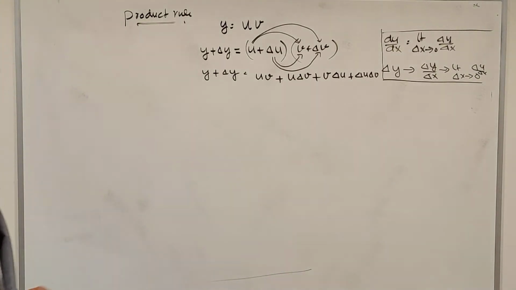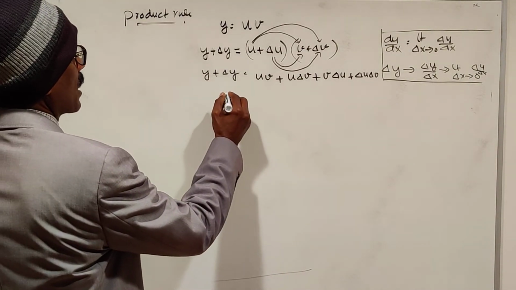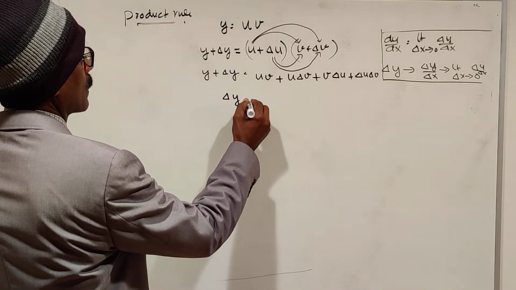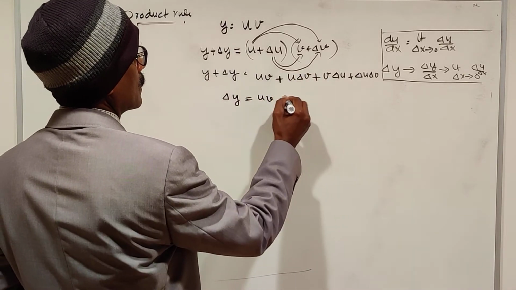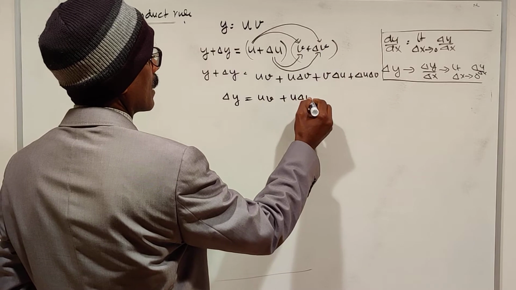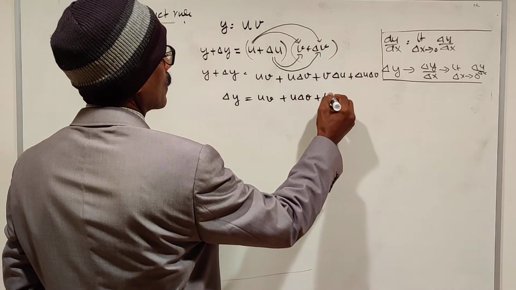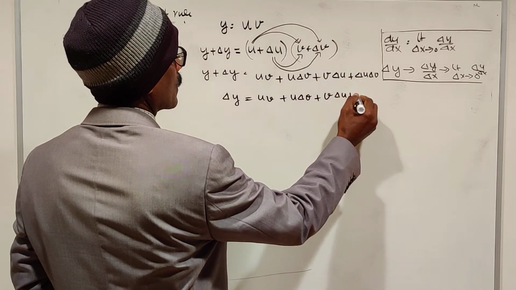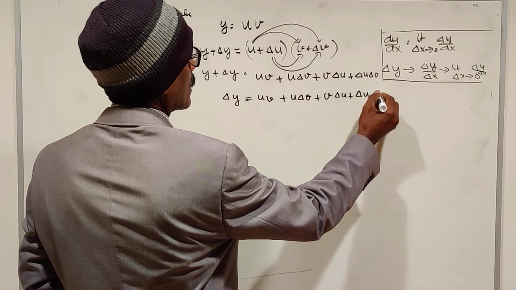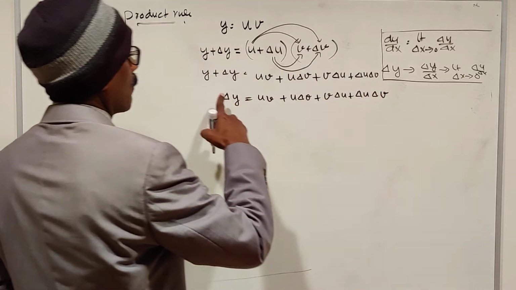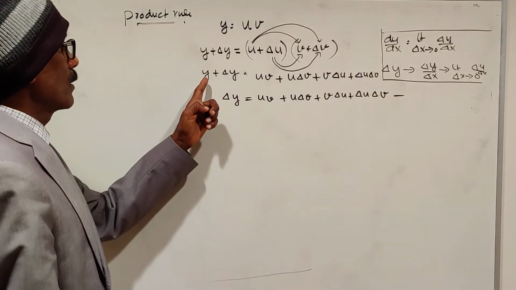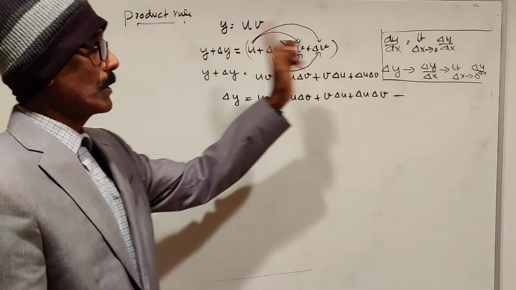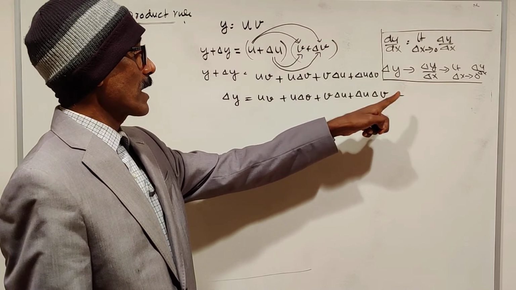Then delta y equals uv plus u delta v plus v delta u plus delta u delta v minus y. We need to move this from the left side to the right side.